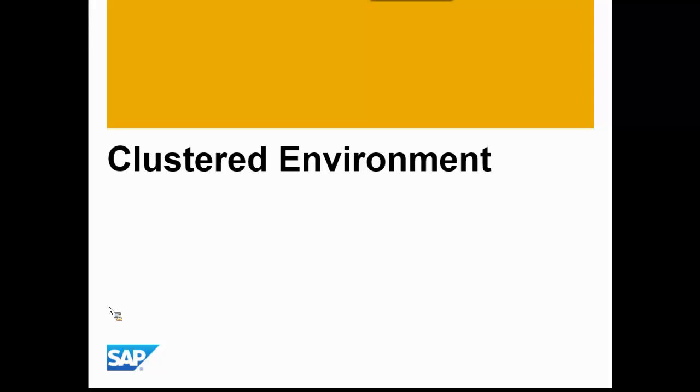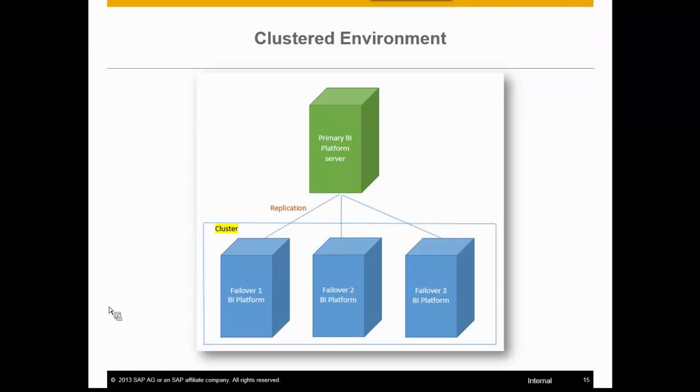Moving next, I'm going to cover the cluster environment. Here is a typical scenario where there is a primary BI platform server, and then there are 3 failover servers which are clustered. When we are upgrading the Design Studio add-on in an existing environment like this, we don't need to run the installer on all the systems.